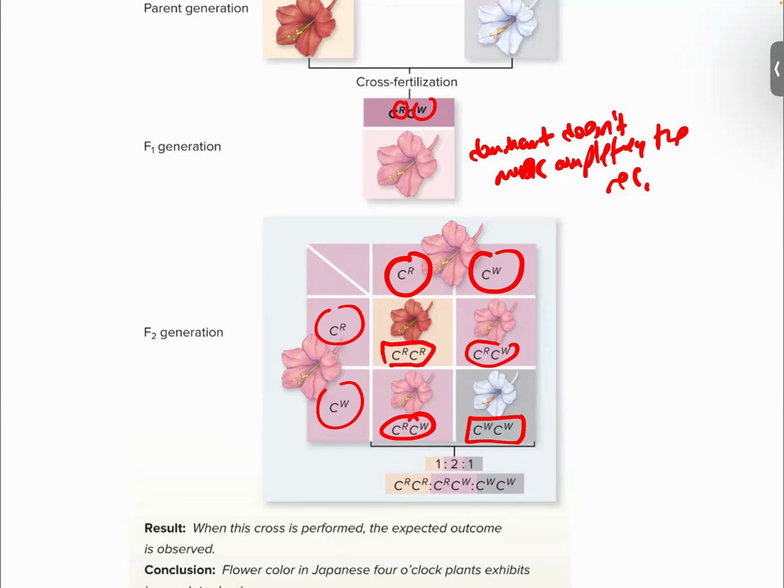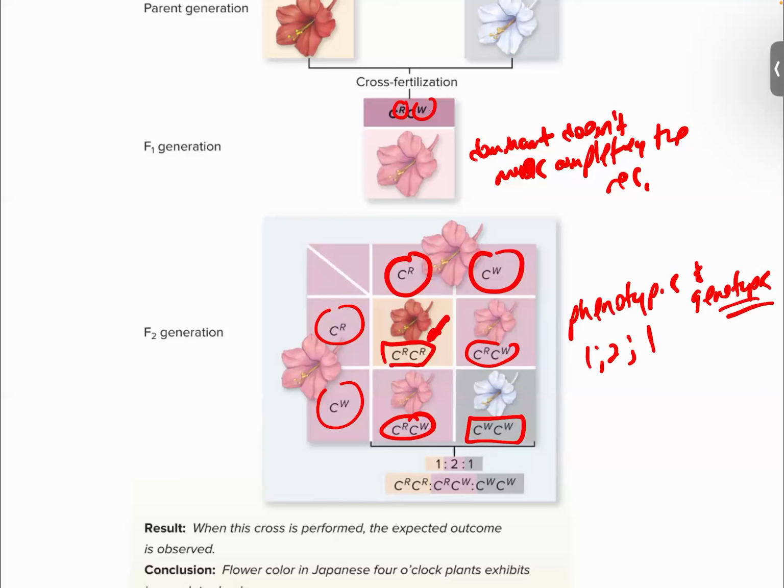Now, notice something. The phenotypic ratio here is what? Is 1 to 2 to 1. 1 red, 2 pink, 1 white. But what's the genotypic ratio? It's the same, right?